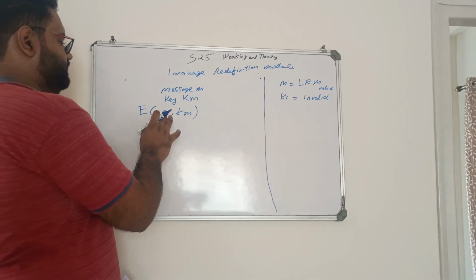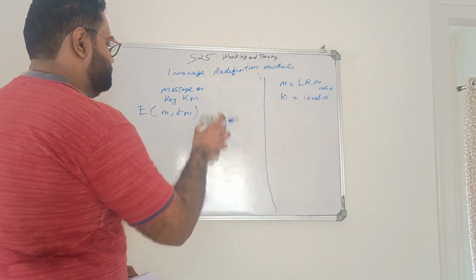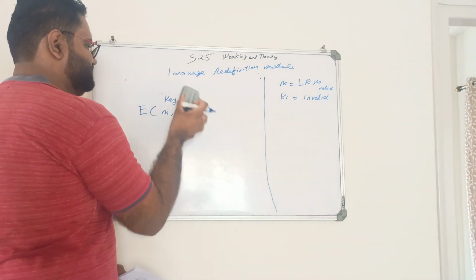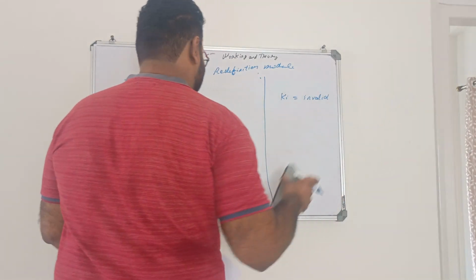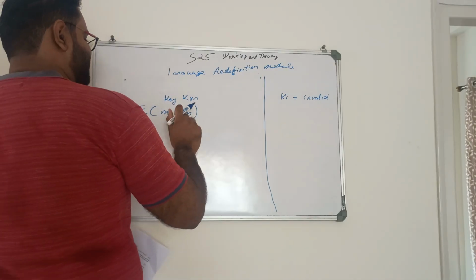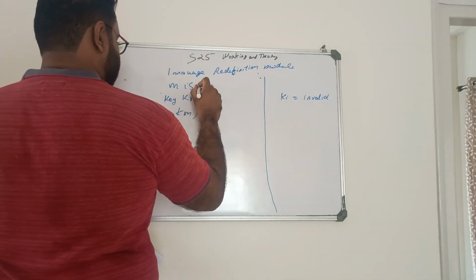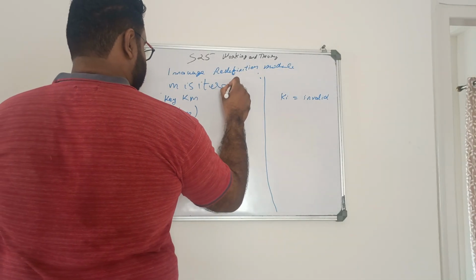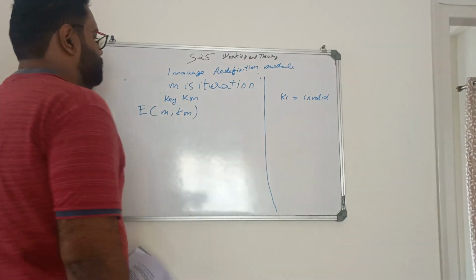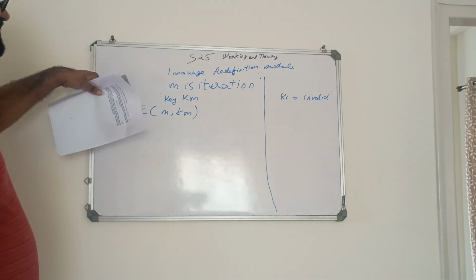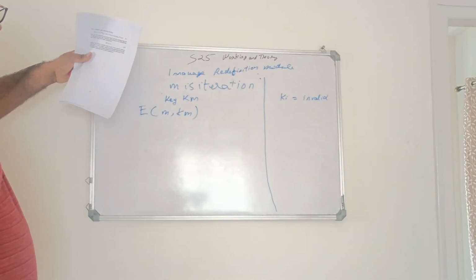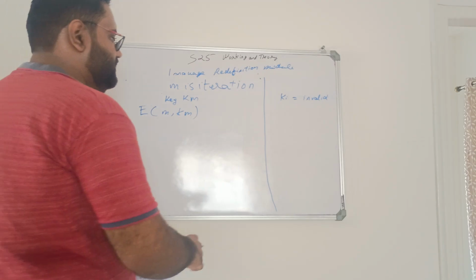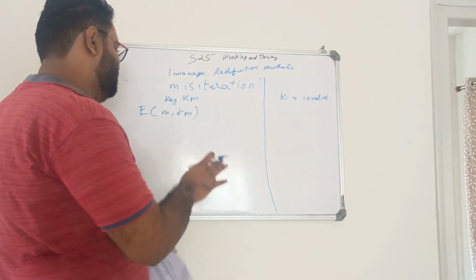So E of, sorry, please forgive me. M is the iteration. If I have the first message, then I'm going to call it M is equal to 1. And of course, all of them are invalid.